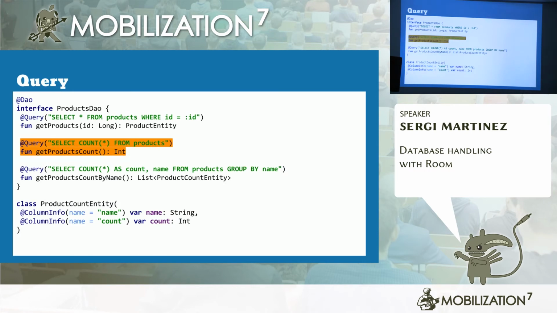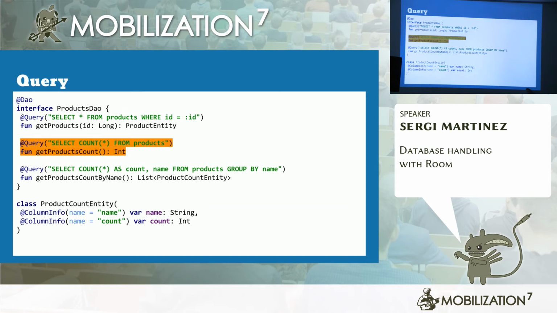In this case, a lot of times you make queries that don't return all the fields of the entity, or return different fields. Let's imagine that I have products with the same name. I want to know how many products of each name I have in my table. So: select count of all rows as count, and name from products group by name. This returns only two columns, count and name.